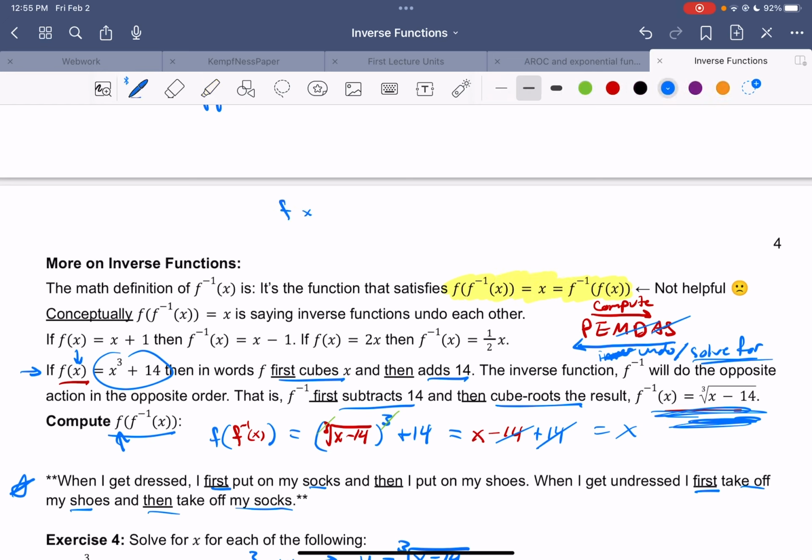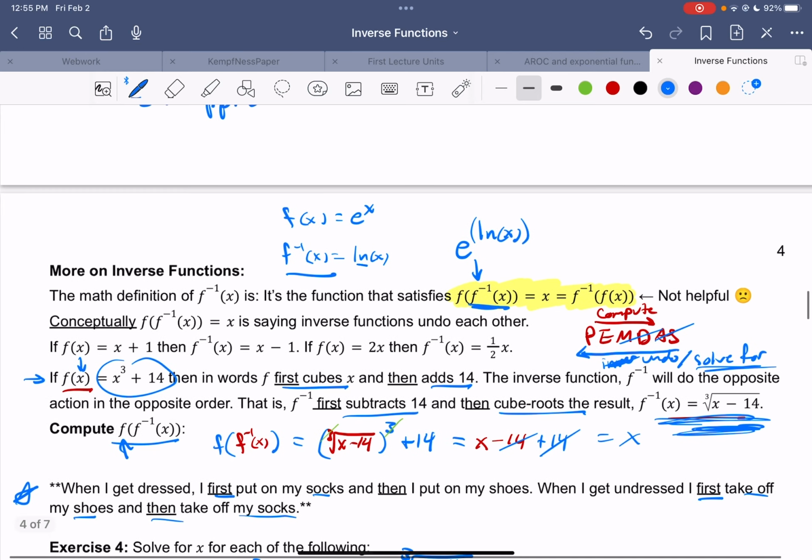So if I use my labeling from below, what is this expression saying? It's saying first perform the natural log of x, then make that the power on e.